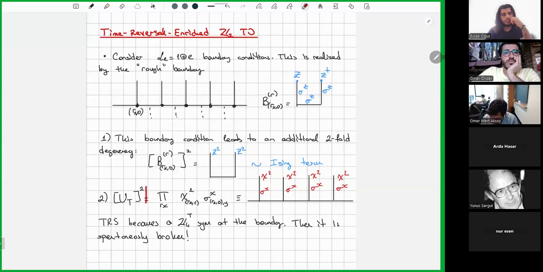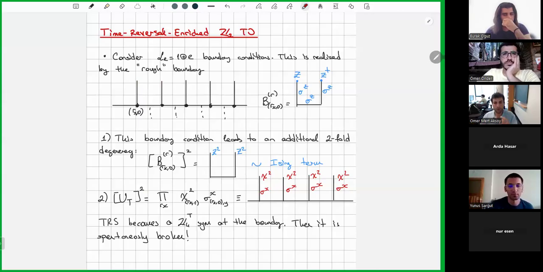Not only that, but if you look at the square of the time reversal operator, now because of the dangling links, it doesn't become identity everywhere. Instead, the product of all the star operators gives you this boundary symmetry. That's a Z2 symmetry. So at the boundary, time reversal becomes exactly a Z4 time reversal symmetry. So the E-condensed boundary realizes the Z4 time reversal symmetry.